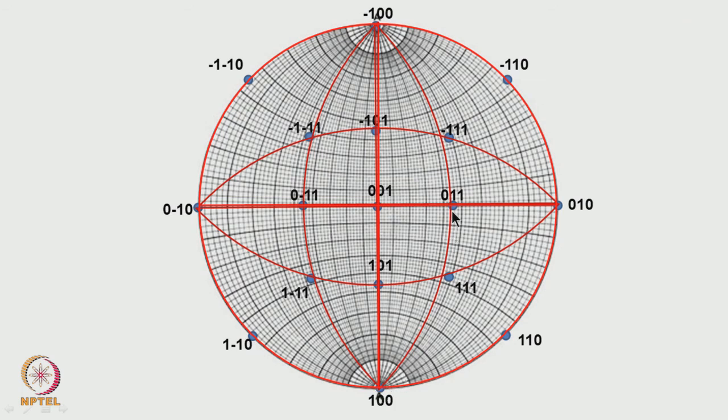So, it should be lying on this line. Since it is lying on the equatorial plane, we can directly measure 45 degrees from here and mark it. Similarly, we can mark 01-bar1.